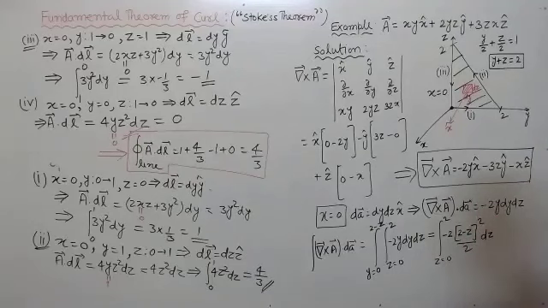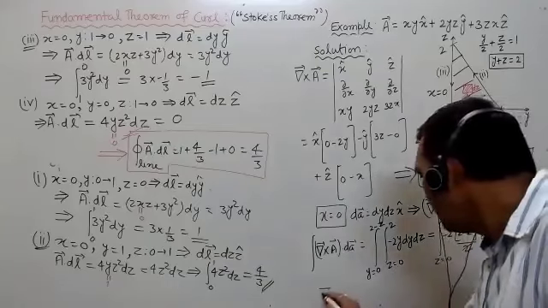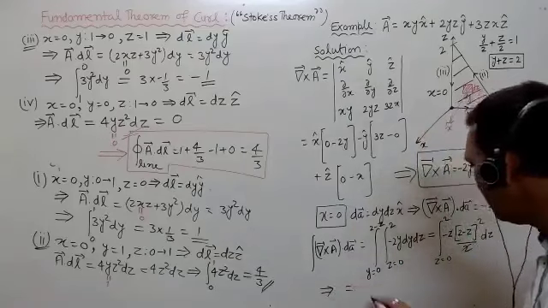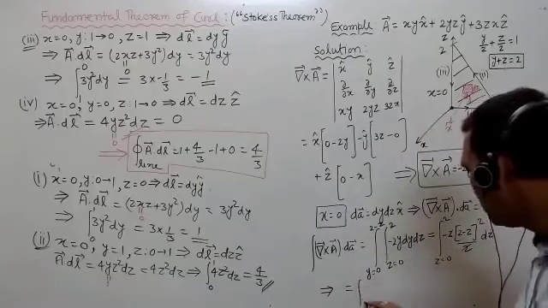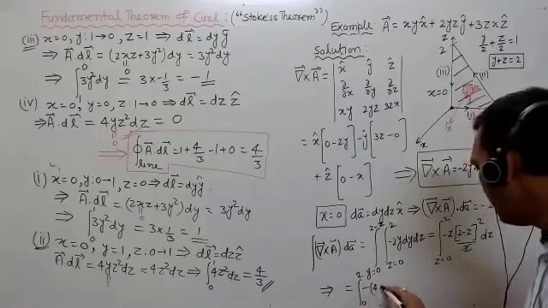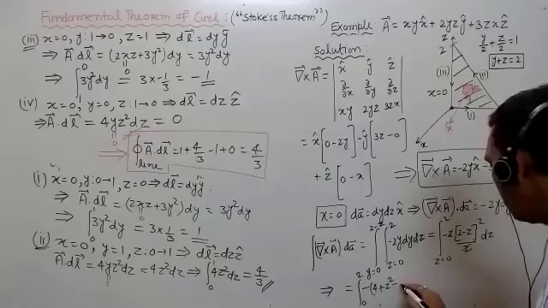So calculate this value. This 2 will cancel out. So this integral will give you, with limits 0 to 2, minus of 4 plus z square minus 4z.